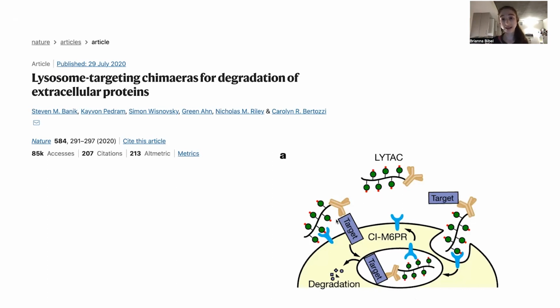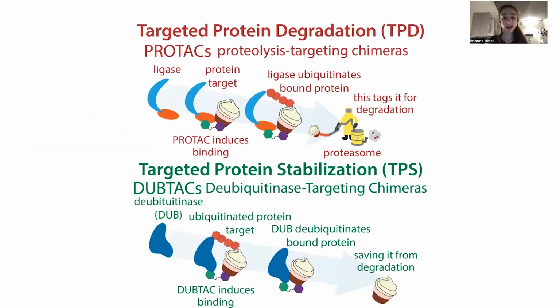And by putting that glycan onto a molecule that binds to your target, you can then traffic your target to the lysosome. So pretty cool stuff. And I didn't talk about it that much, but targeted protein stabilization, so TPS, the flip side of the coin, where we're trying to prevent a protein that's been ubiquitinated from getting degraded.